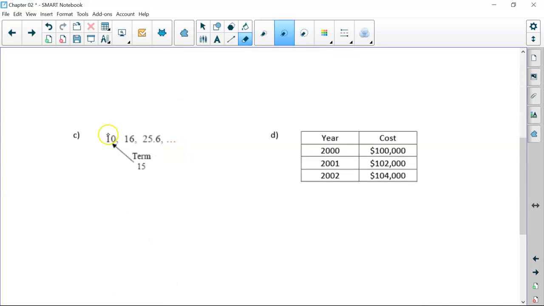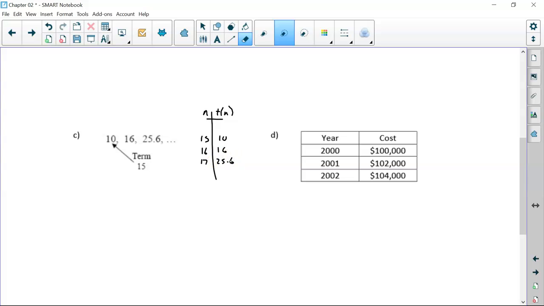See how we're starting at term 15? Term 15 is 10. Term 16 is 16. Term 17 is 25.6.